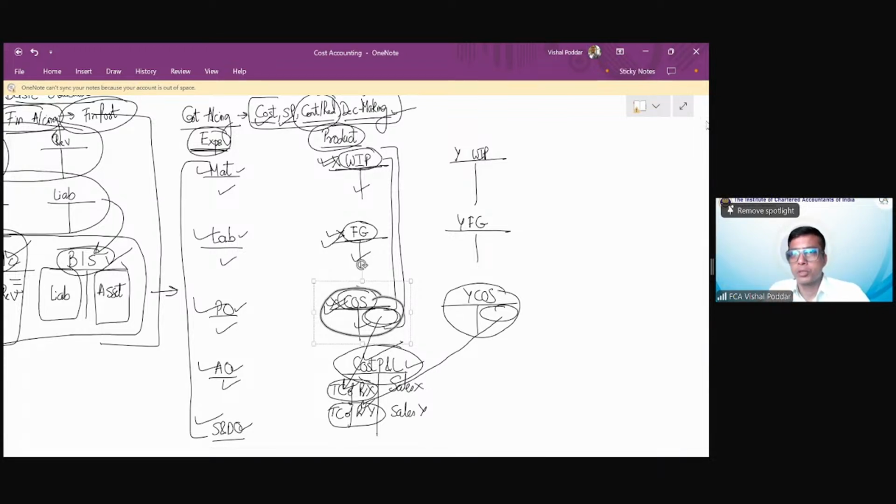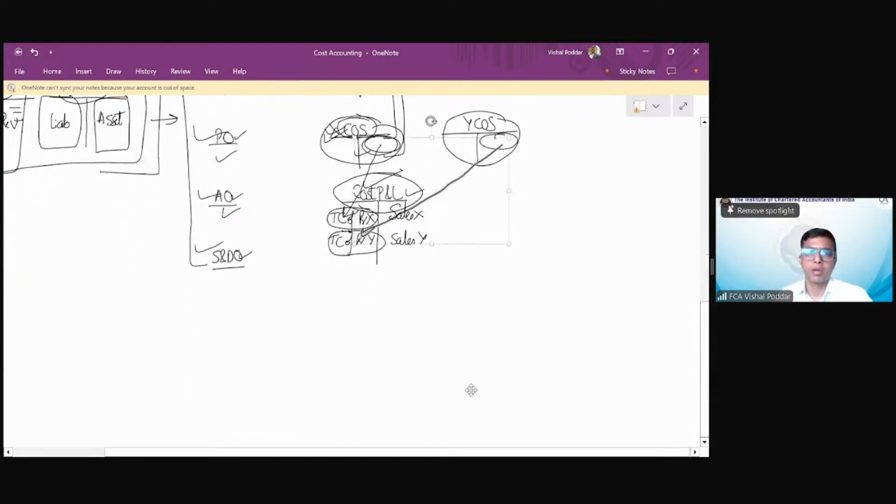There is a question. Dharani is asking, the balancing figure in cost P&L will be different for each product, sir? Like we have to find different balancing figures to know the profit or loss of each product. See, the balancing figure in my profit and loss account here will automatically be the net profit of the whole business.